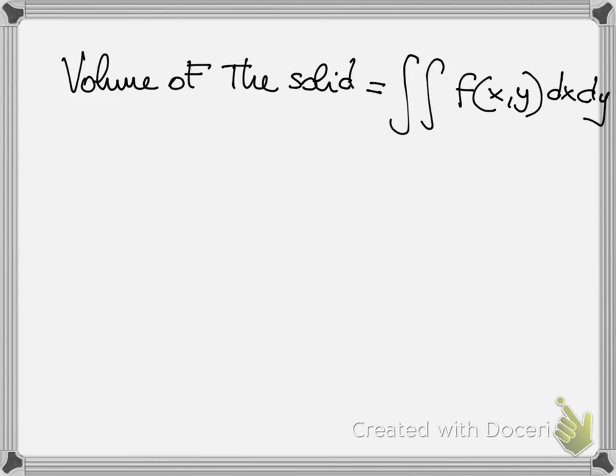So that's the interpretation of this double integral. It gives you basically the volume of the solid which lies between your rectangle and your surface f of x, y. Okay, now how do we evaluate a double integral?